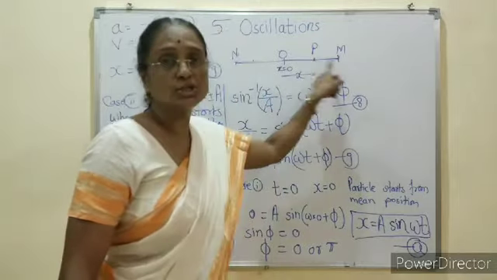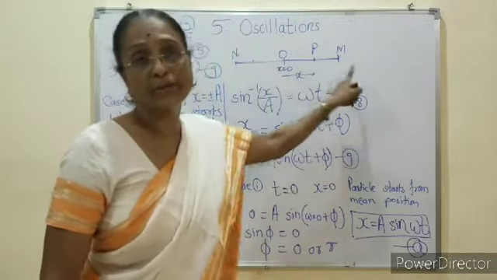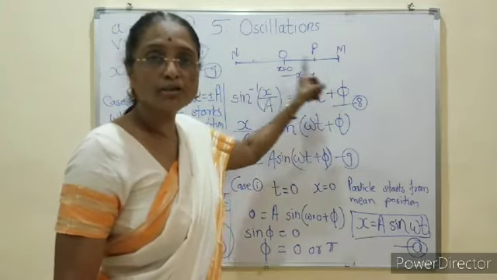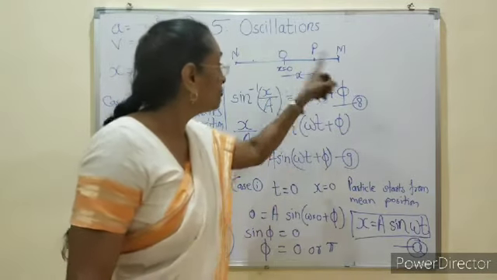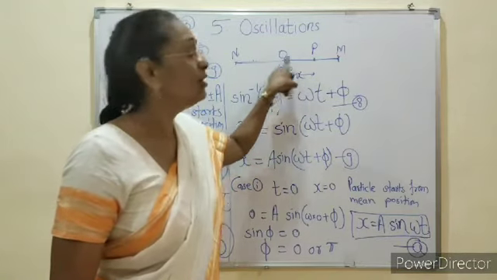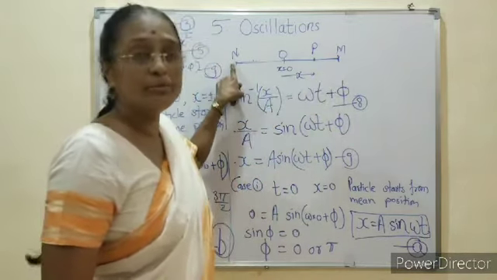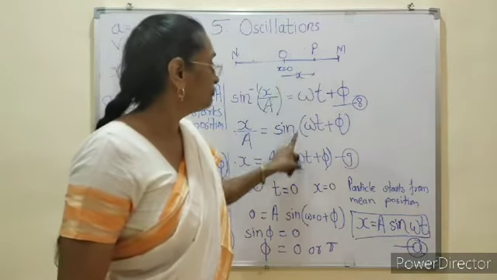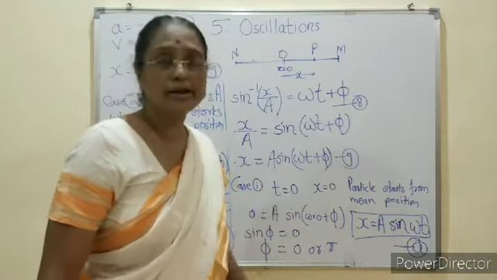when the particle is at any point on the path of SHM. P is representing any point on the path of SHM. That point may be O, or the particle may be situated at M, it may be at N, it may be anywhere, it is P, so it can be represented by equation 9.